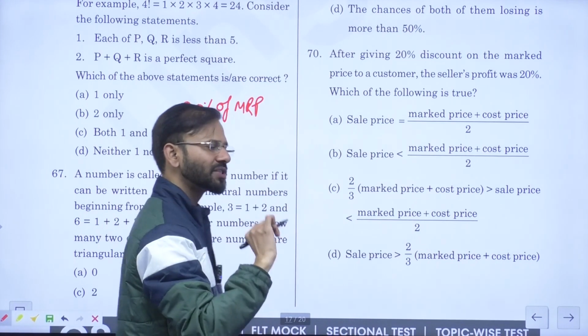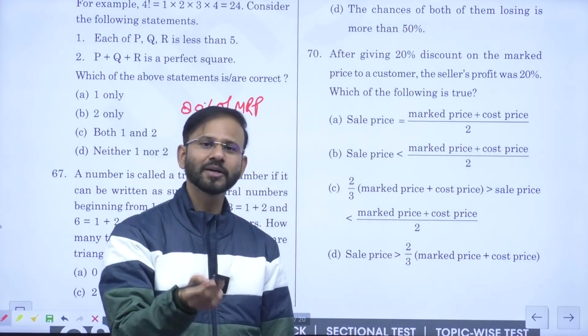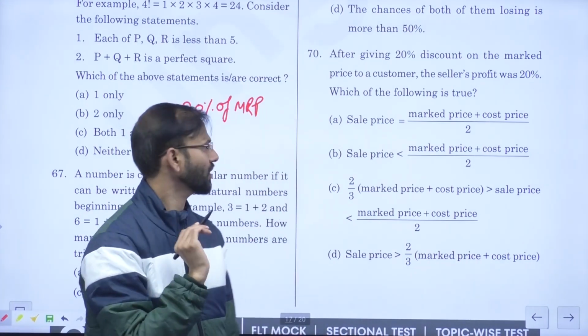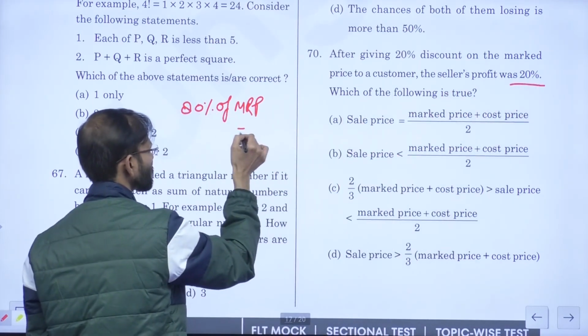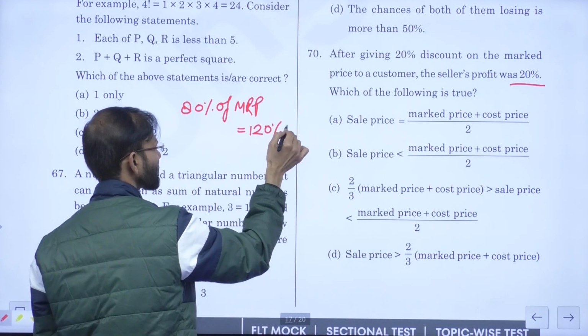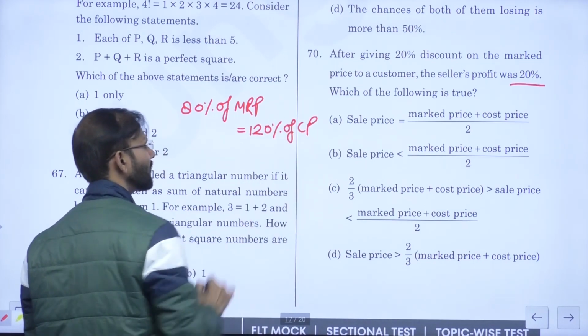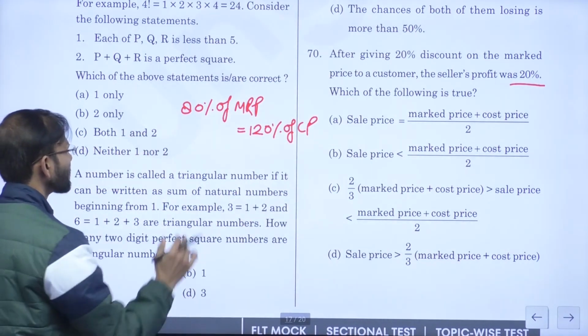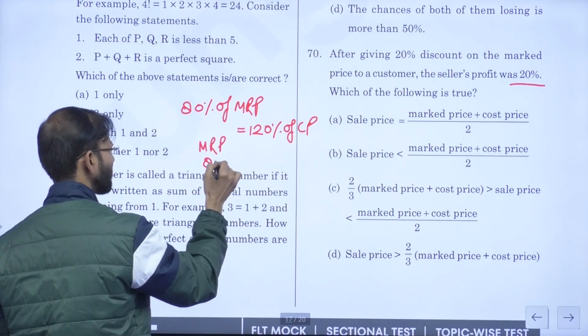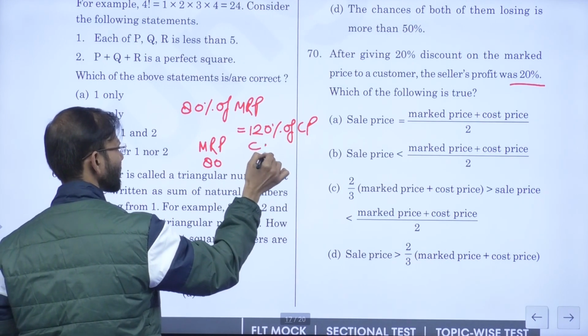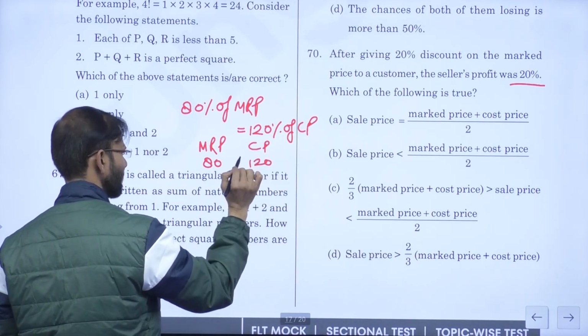When you are giving 20% discount on the market price, the price becomes 80% of it, right? The seller's profit was 20%. So it was 120% of CP. Everybody okay? So 80% of market price, so MRP, is 120% of CP.